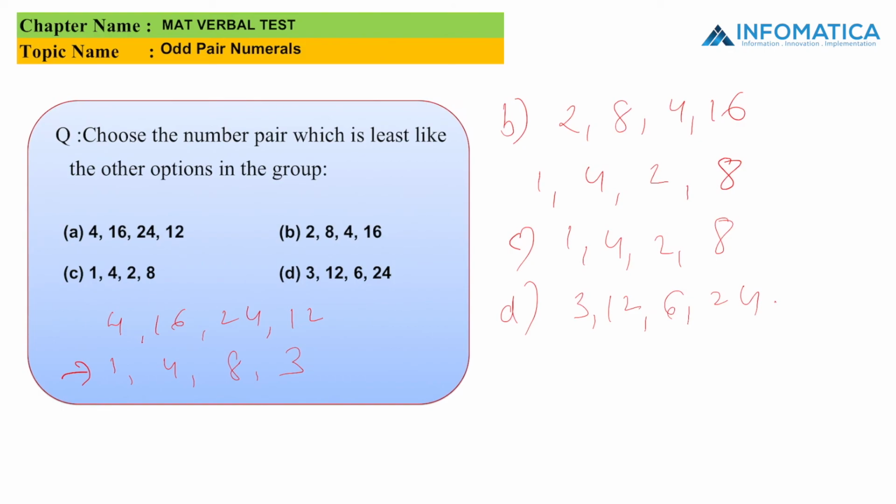So let's reduce it. It comes as 1, 4, 2 and 8. So if we look at options B, C and D, we are getting the reduced form as 1, 4, 2, 8, unlike option A. Thus, I can say that option A is the odd man out or the right answer.